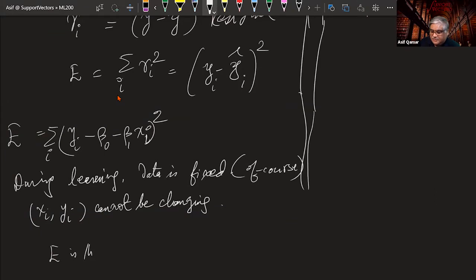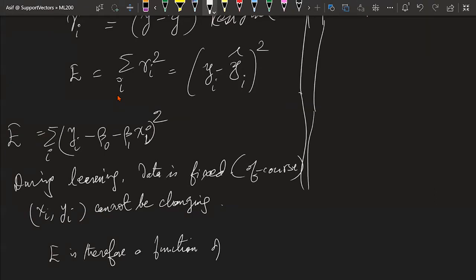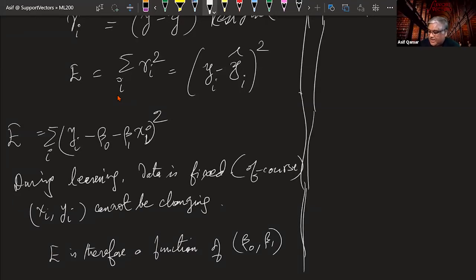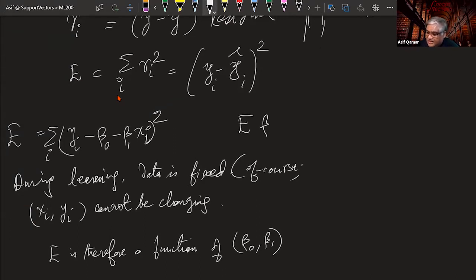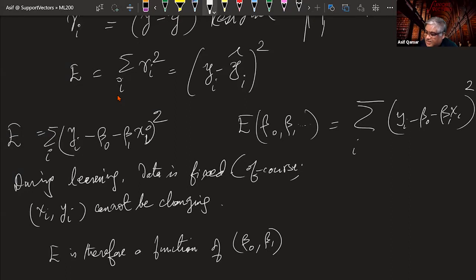E is therefore a function of beta naught and beta 1. This is what is really happening here. So I can write this equation as E(beta naught, beta 1), and then I can go to beta 2, etc., if I so wish, which is the summation over the square of y_i minus beta naught minus beta 1 x_i.